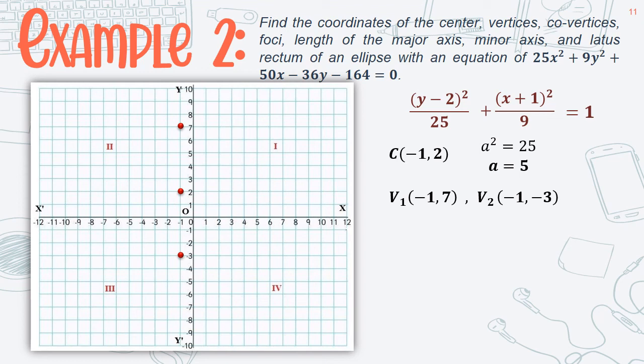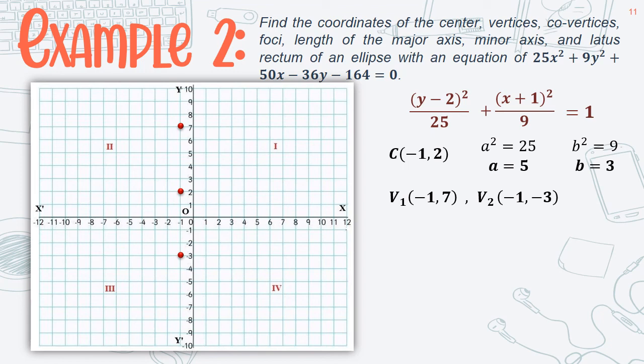We can also get our co-vertices by using b squared. Again, b squared from our equation is equal to 9. Therefore, if we extract the square root of both sides, b is equal to 3. So we can now count 3 units to the left and to the right of our center.